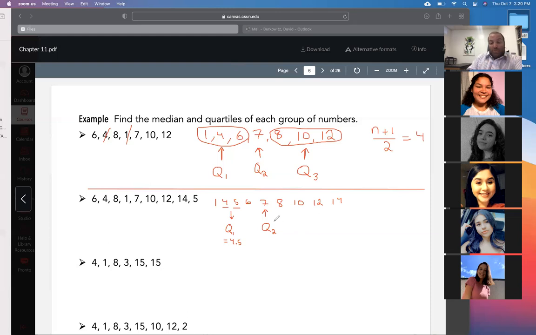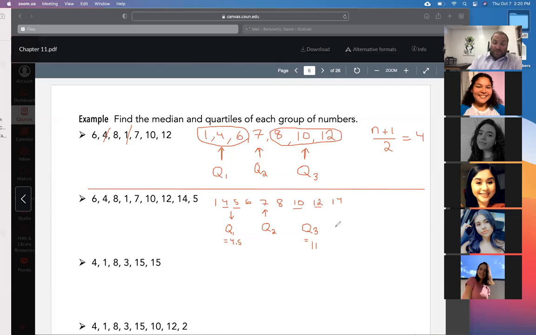And similarly, what is Q3 equal to? 11. Because we again have 4 data points. 4 plus 1 is 5, divided by 2 is 2.5.